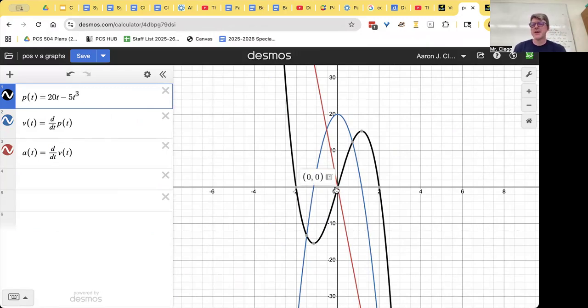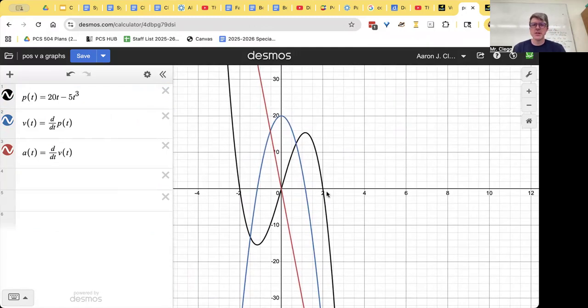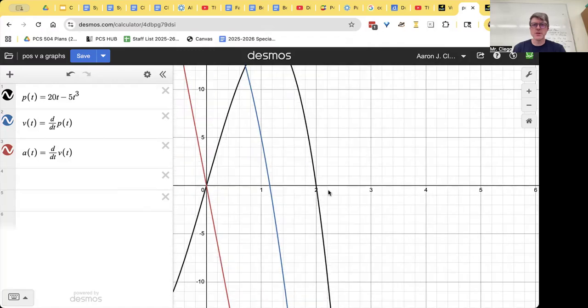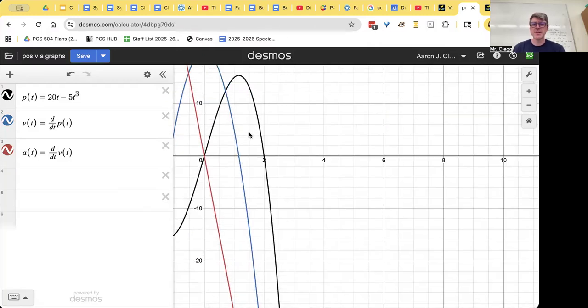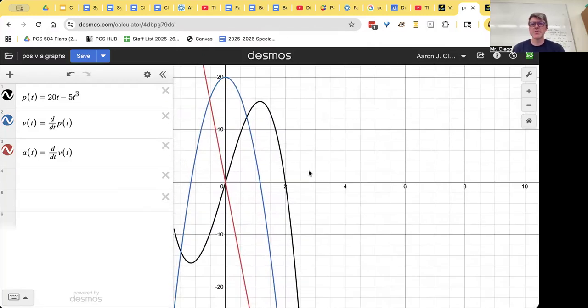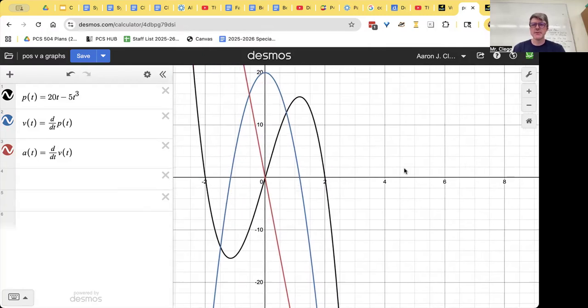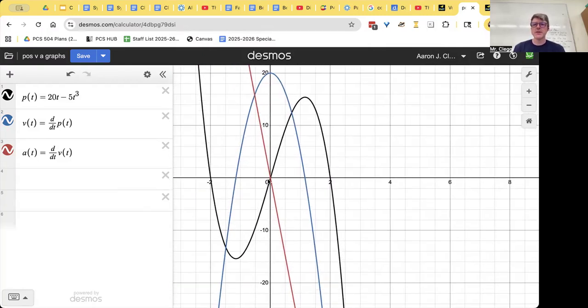And again, if we wanted to think about the actual experiment starting at 0, we could just imagine chopping off everything that's to the left of 0 and just taking positive values of time. But again, mathematically, there's a significance to the negative values, even if physically there was nothing happening at that time.